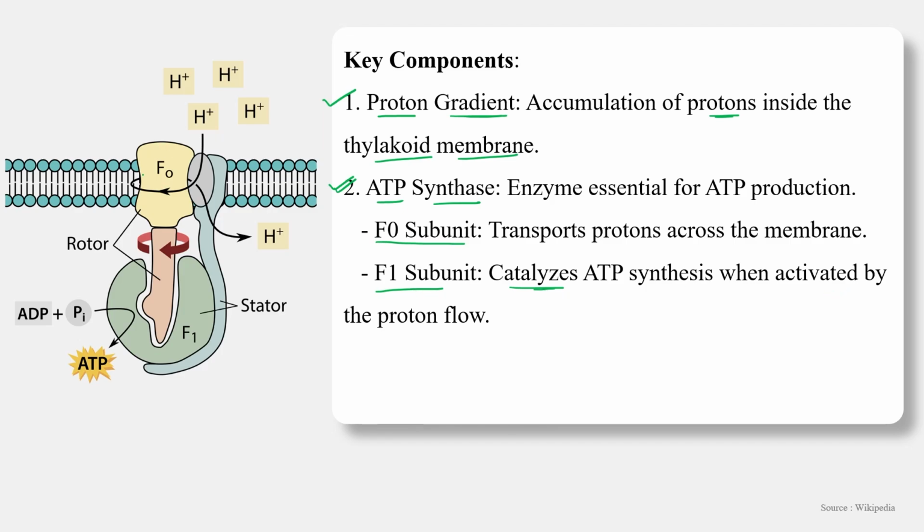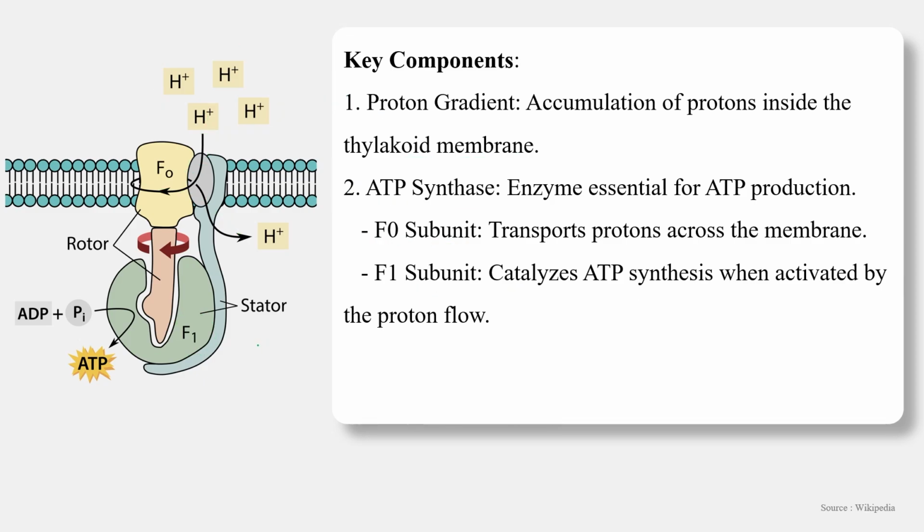Okay, so this is the F0 and this one is the F1 particle. This F0 is involved in the transportation of protons from the inner thylakoid membrane to the outer side, and this F1 particle catalyzes ATP synthesis when activated by the proton flow.